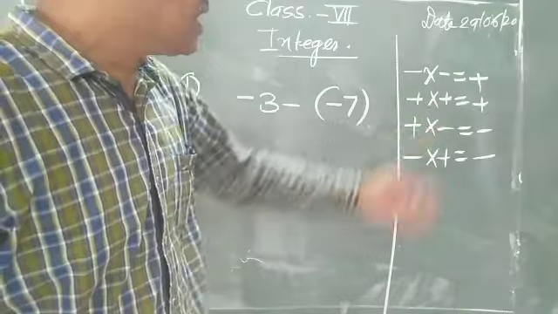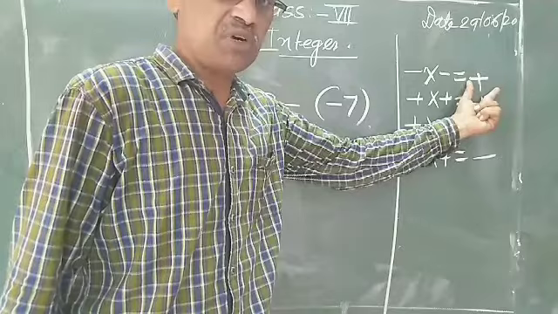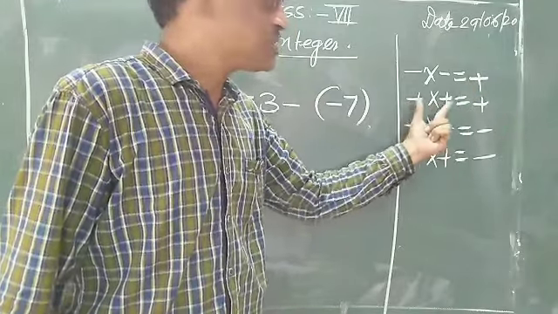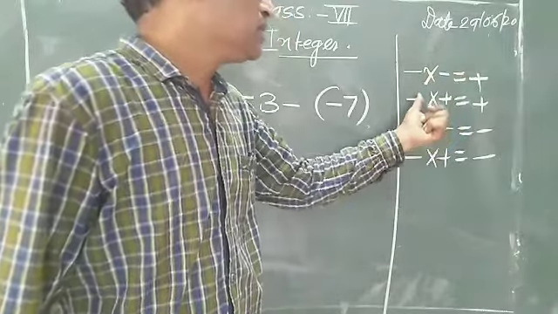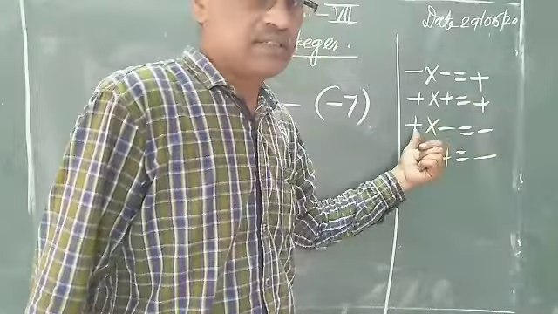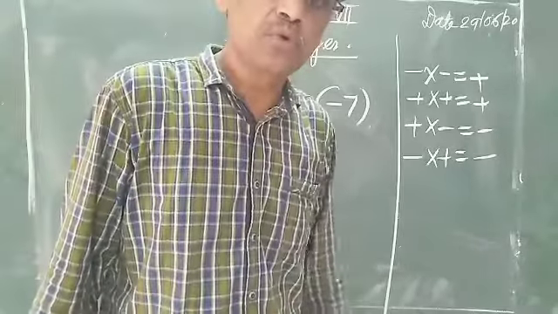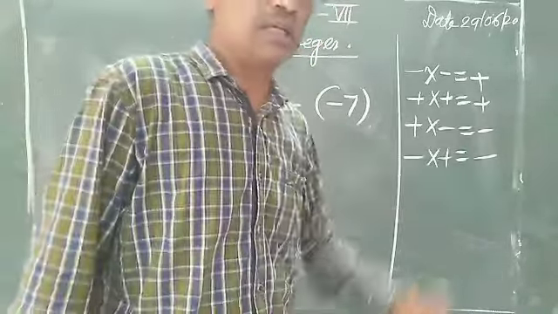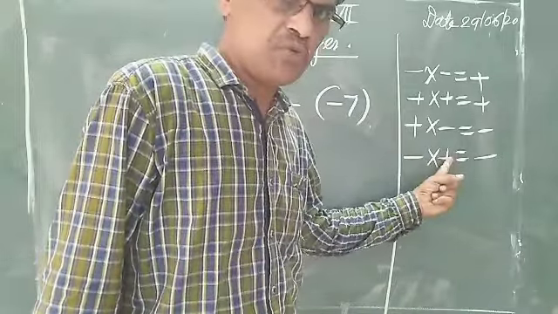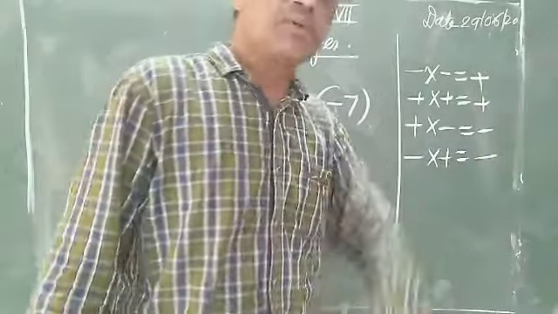Dear students, see here, whenever there is a similar sign, the result is positive. Here also you see the product is positive, and here positive and positive is positive, and when there is a different sign, then the product of those two integers is negative. Here also you see negative and positive, then the sign of the product will be negative.